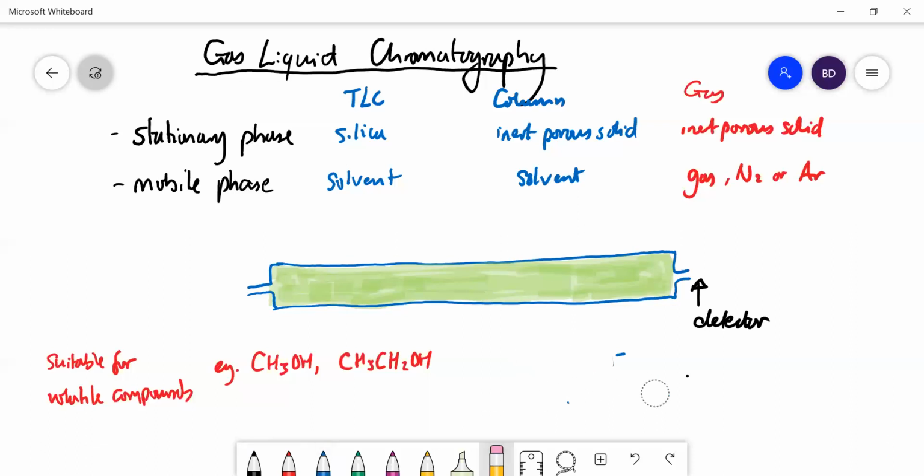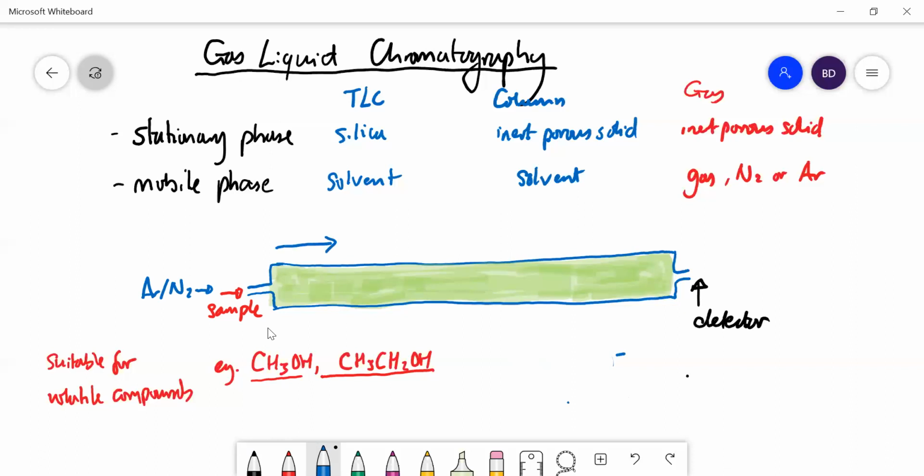Right, so let's have a look. Imagine you were trying to find out how much of those alcohols was present in methylated spirit, a mixture of the two alcohols. You would inject the sample in first of all, and then that is followed by argon or nitrogen to push it along this column.